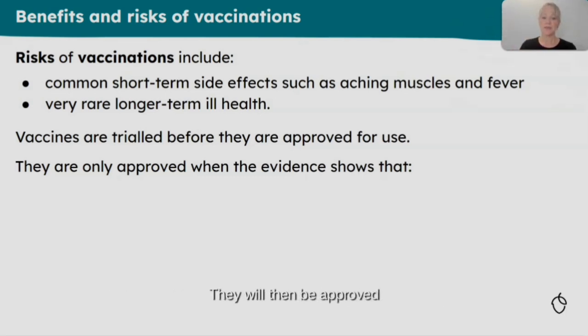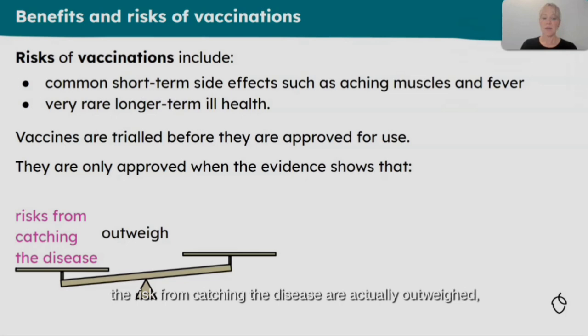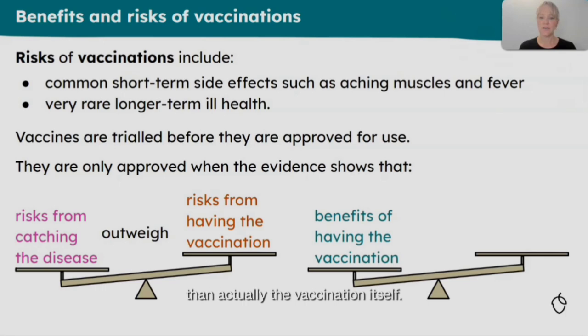They will then be approved when the evidence shows that the risk from catching the disease outweighs the risk from having the vaccination. So the disease has a much higher risk than the vaccination itself.